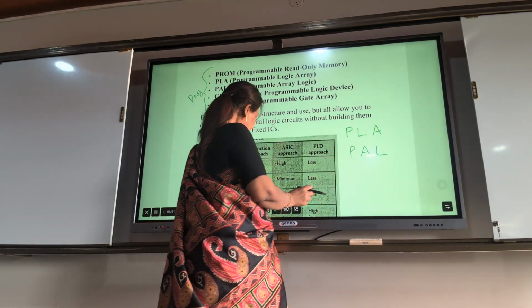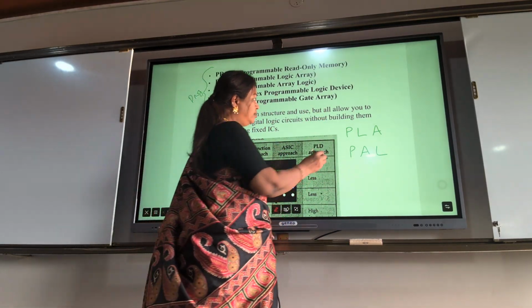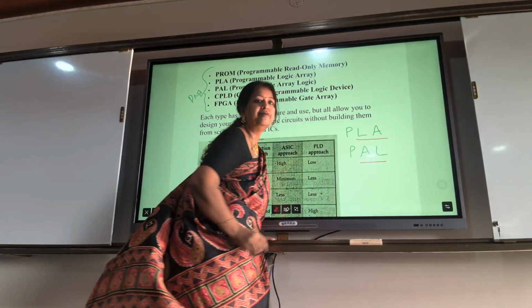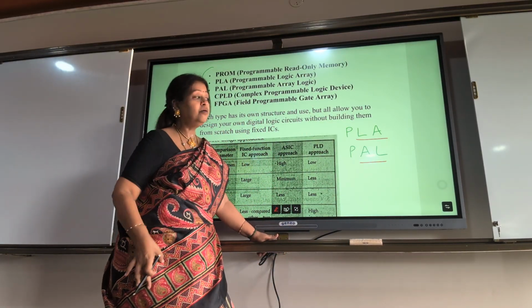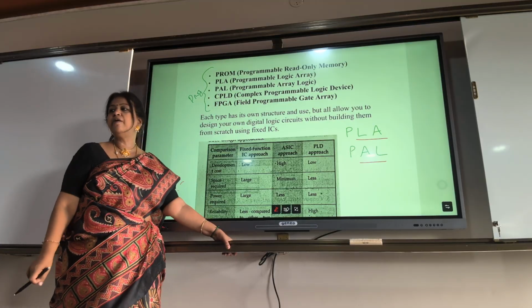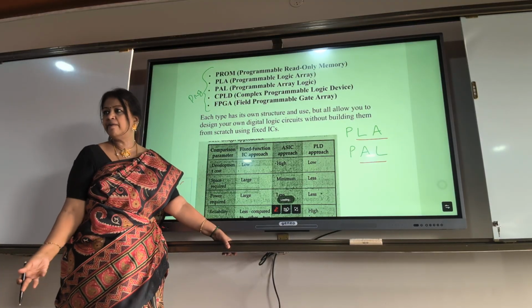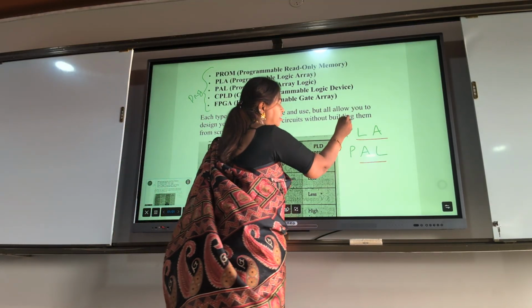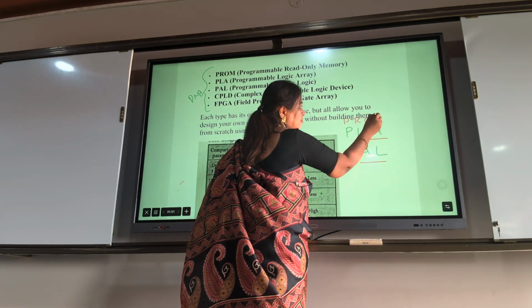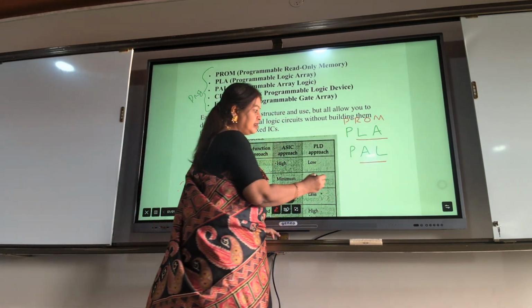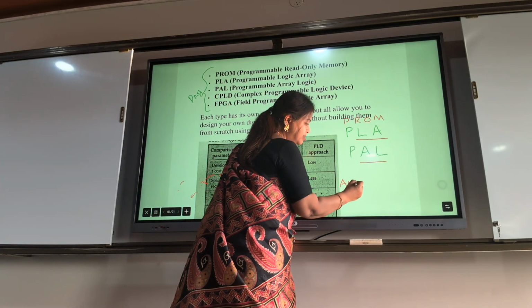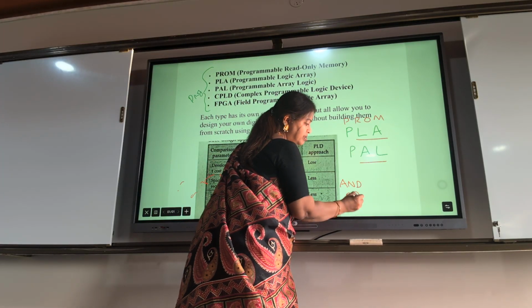There is only a change in these two letters. But when they give the problem, you should know in which one you have to program the AND or the OR. All these will have AND gates and OR gates.